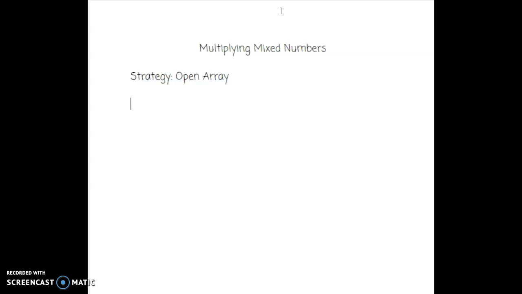So the first problem we're going to start out with is a mixed number by a whole number. If we have 2 1/2 by 18, you are going to draw your array and break apart the two numbers.